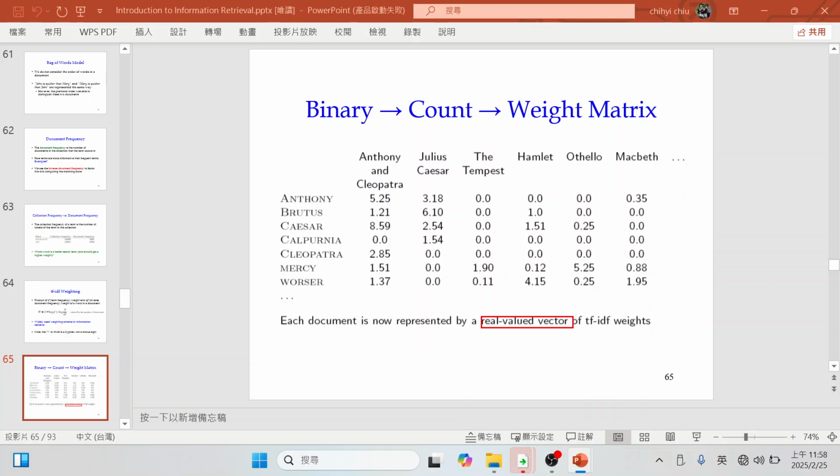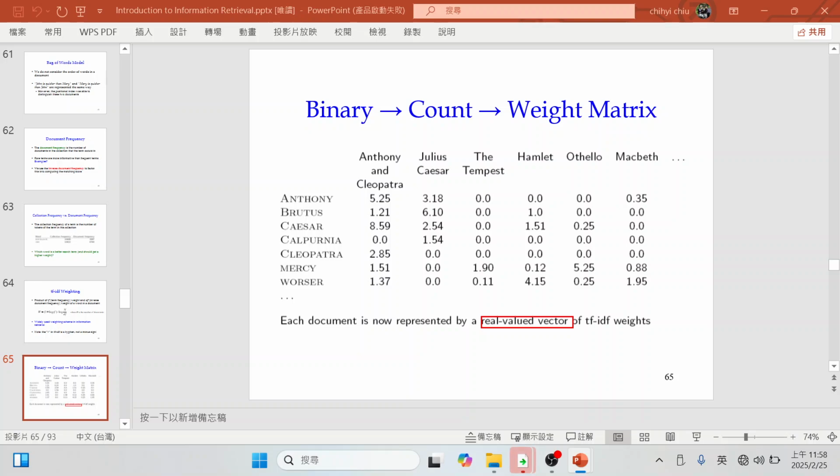This is what we call a vector space. Actually, ranked retrieval works in a vector space. So with this TF-IDF, all the documents are represented as real-valued vectors.